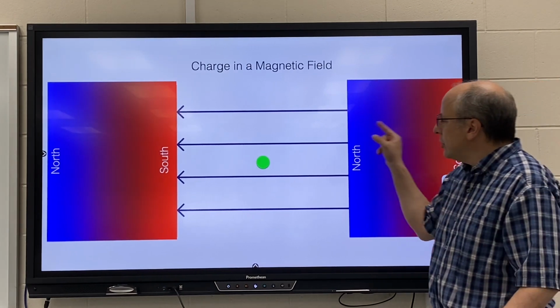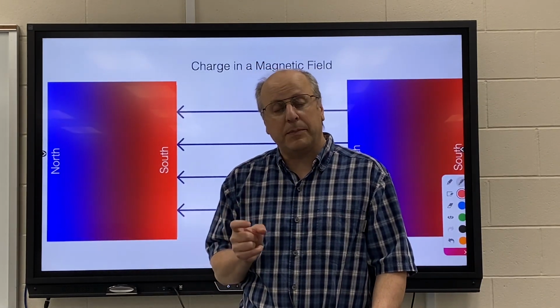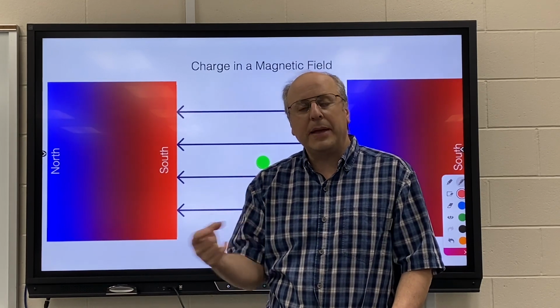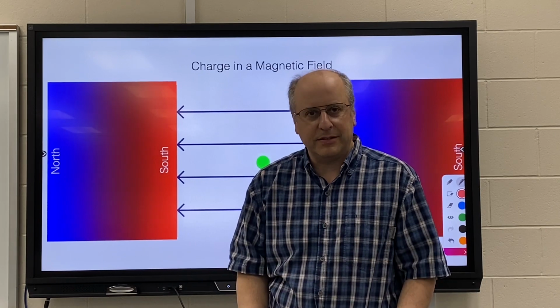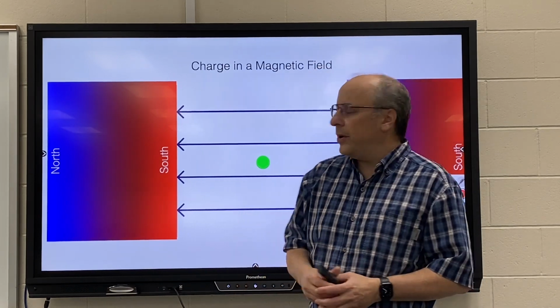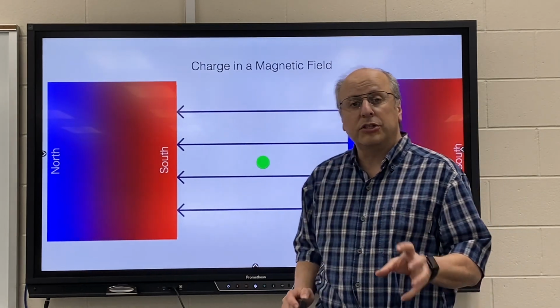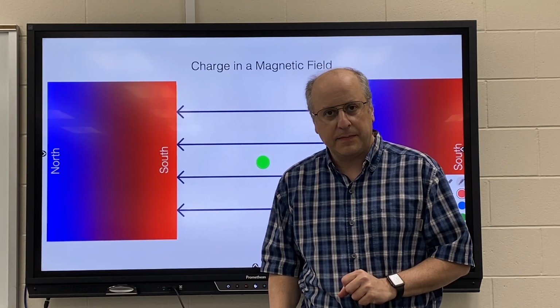If we place a charge in that area between the two poles of the magnet, that is, we place a charge in the magnetic field and let go, nothing happens. I know that's disappointing, but it's a really fundamental idea that a charge that is at rest will not be affected by a magnet.